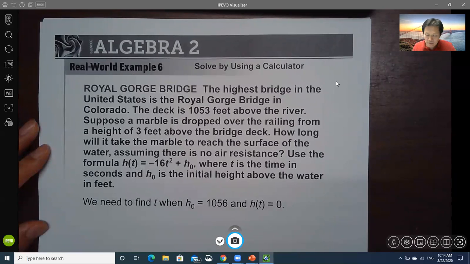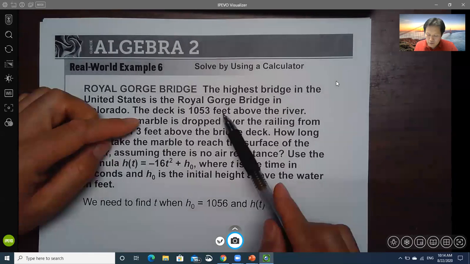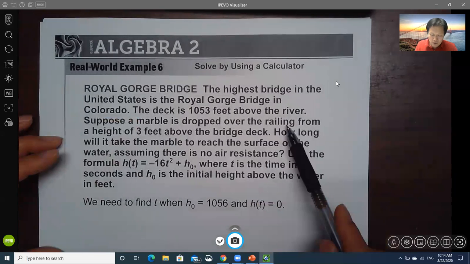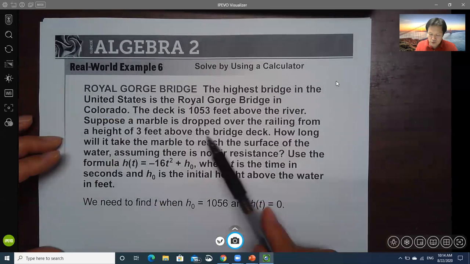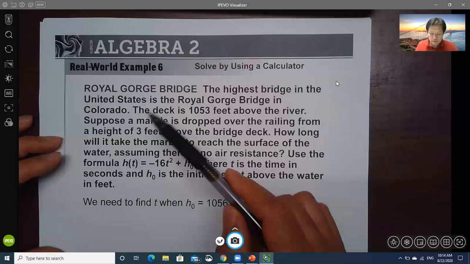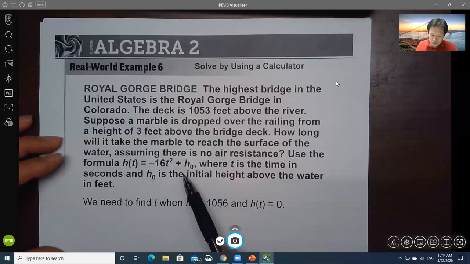Okay, the deck is this many feet above the river, and the marble is dropped over the railing from a height of 3 feet above the deck. So the initial height will be this plus this. That will be h of 0.